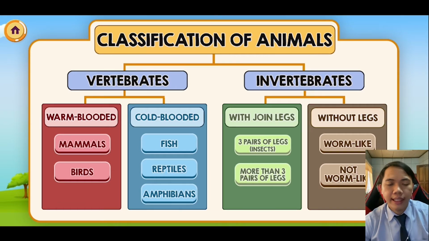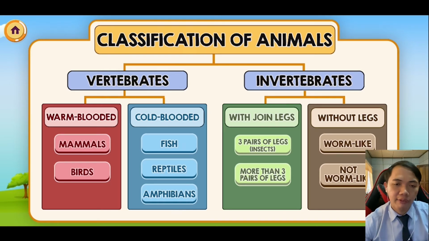Inside each small group, there are classes of animals, for example, mammals, birds, fish, reptiles, amphibians, three pairs of legs, which is insects, more than three pairs of legs animals, worm-like animals, and not worm-like animals.